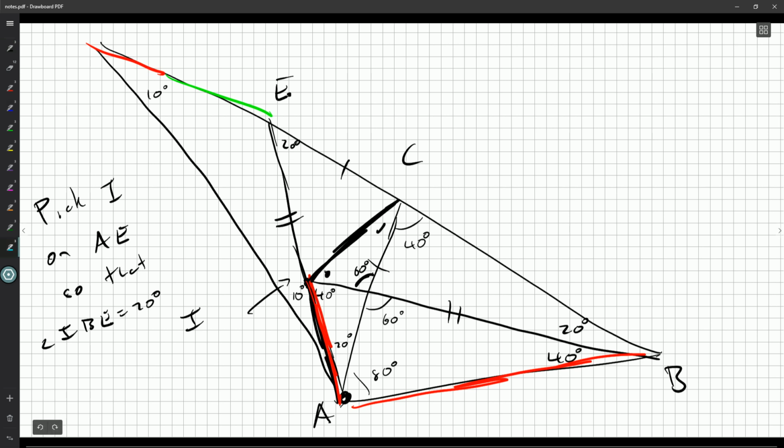It looks like, if I connect CI, this might be something worth noting. Yeah, it's got the nice little butterfly pattern. Usually when we're doing a geometry question, I recognize a cyclic quadrilateral with this sort of butterfly pattern.